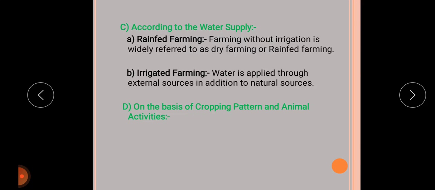Gross returns, meaning sales plus household consumption plus changes in stock, similarly constitute the groups, for example coffee and banana holdings, rice and jute holdings. A number of farming systems are included in that.